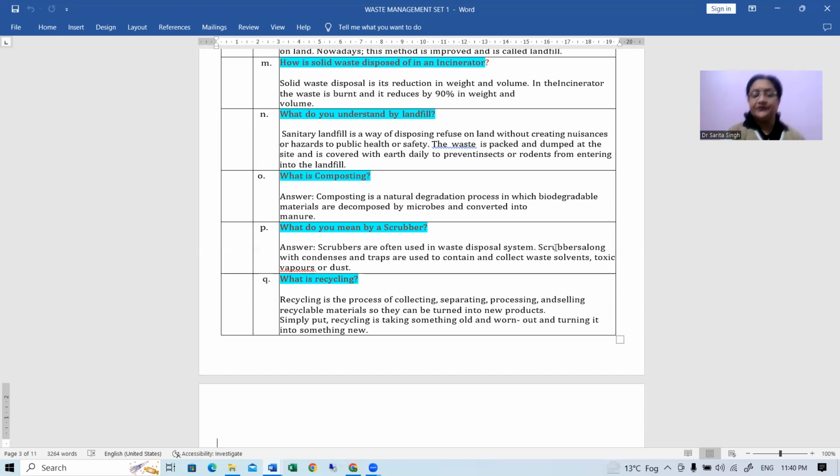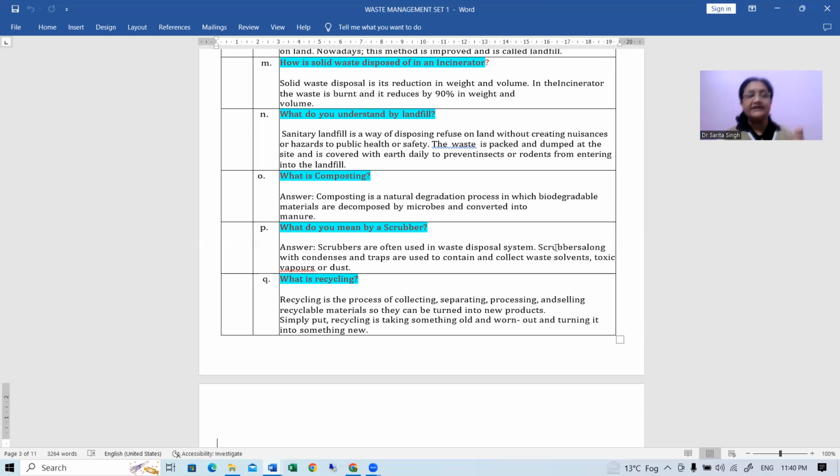So basically, we don't have to worry about getting any fertilizers from the market. Once we use the compost in our kitchen garden or in our fields, suppose the farmers are using it in their fields, one thing is they are not going to purchase the fertilizers from the market.